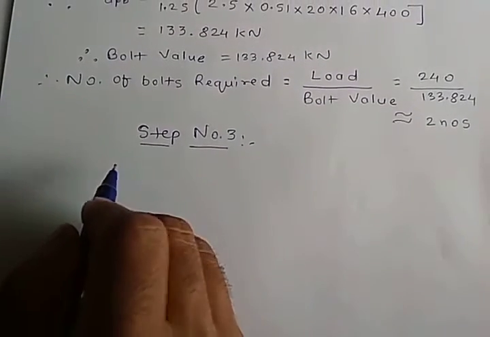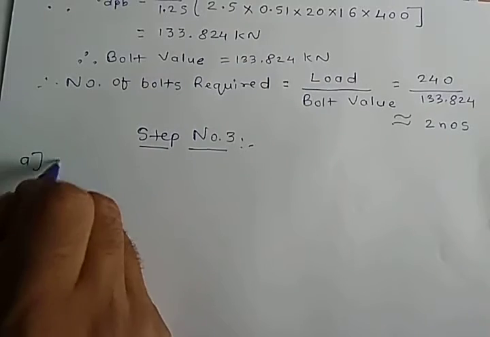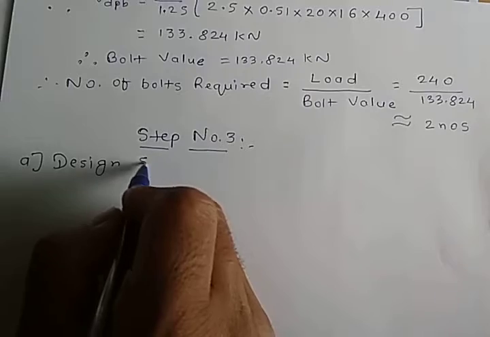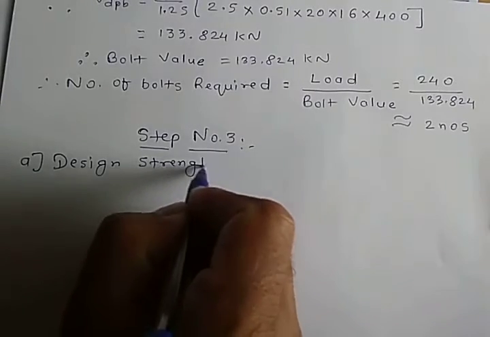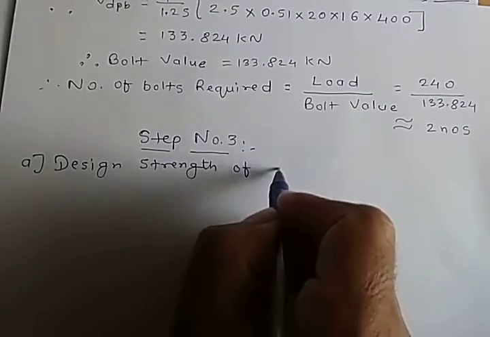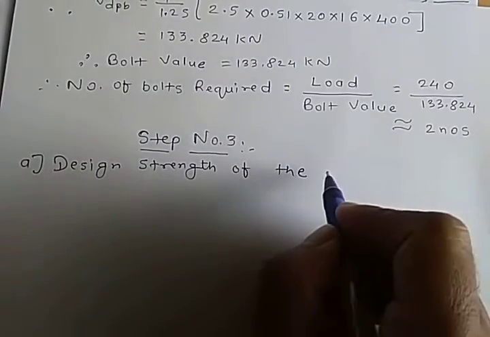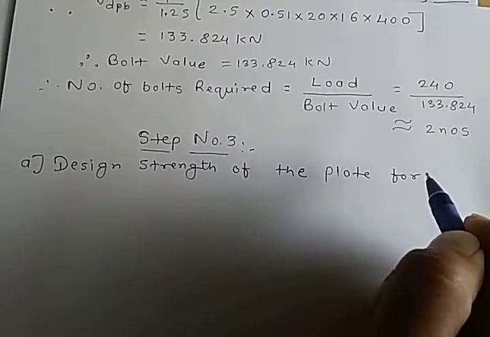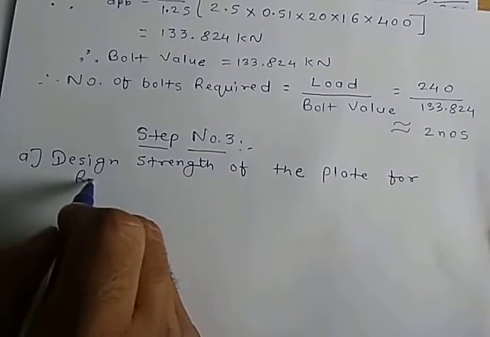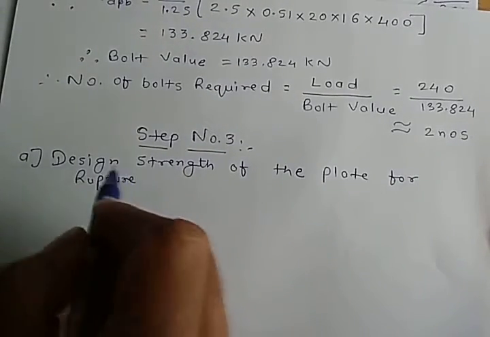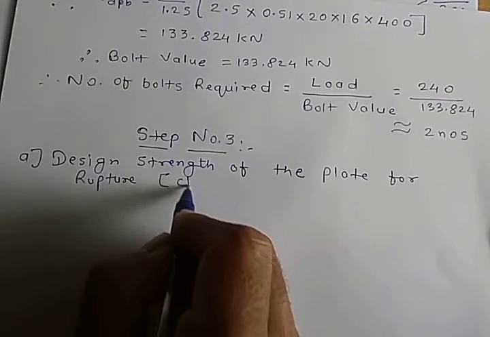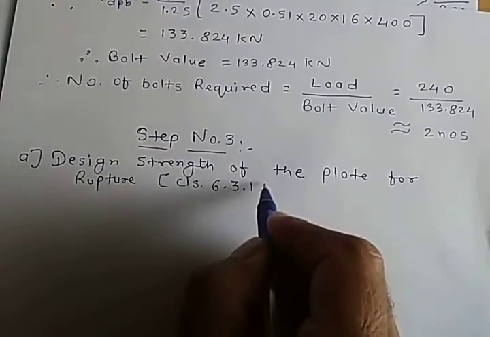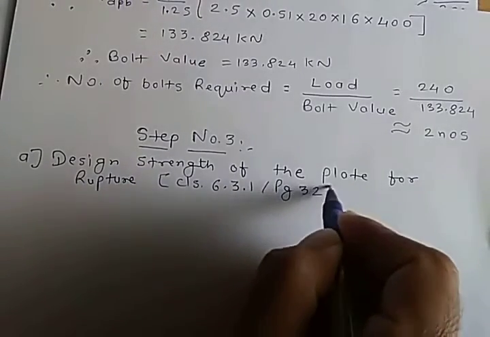In step number 3, the first is design strength of the plate for rupture. This is according to, again, clause number 6.3.1, page number 32.